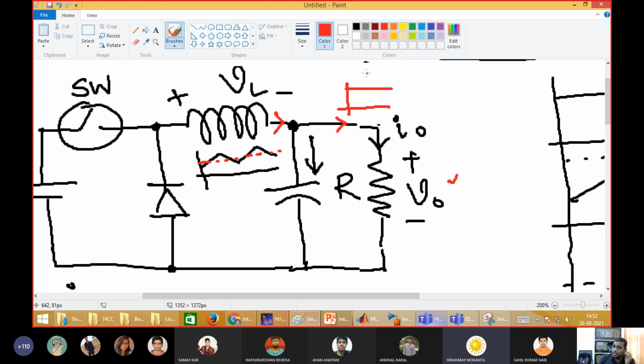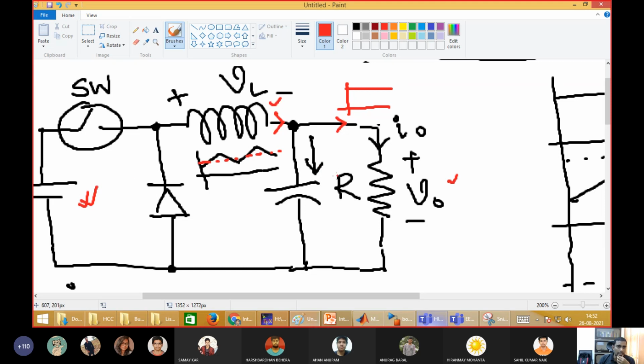See, what he asked is actually the reverse. He is asking why ripple current is not flowing here, but it is actually the opposite. Why is it so? When the switch is on, the inductor is charged and the current is flowing through this. When the switch is off, the capacitor is also supplying current, because the source is not available now.